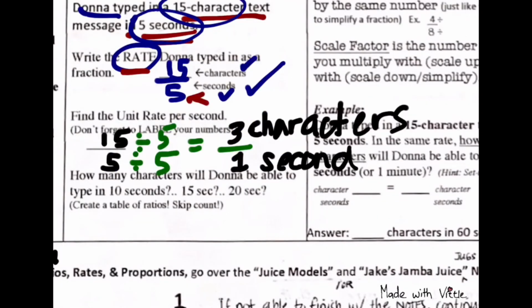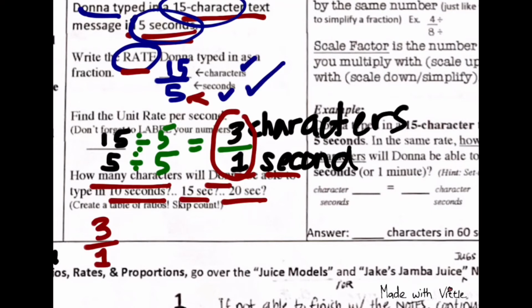The next situation is, how many characters will Donna be able to type in 10 seconds? What about in 15 seconds or 20 seconds? What are we going to do in order to find out how many characters she will be able to type in those seconds? Since I already know how many characters she's able to type in 1 second, that's what I'm going to use here. And I know the bottom number is your number of seconds.